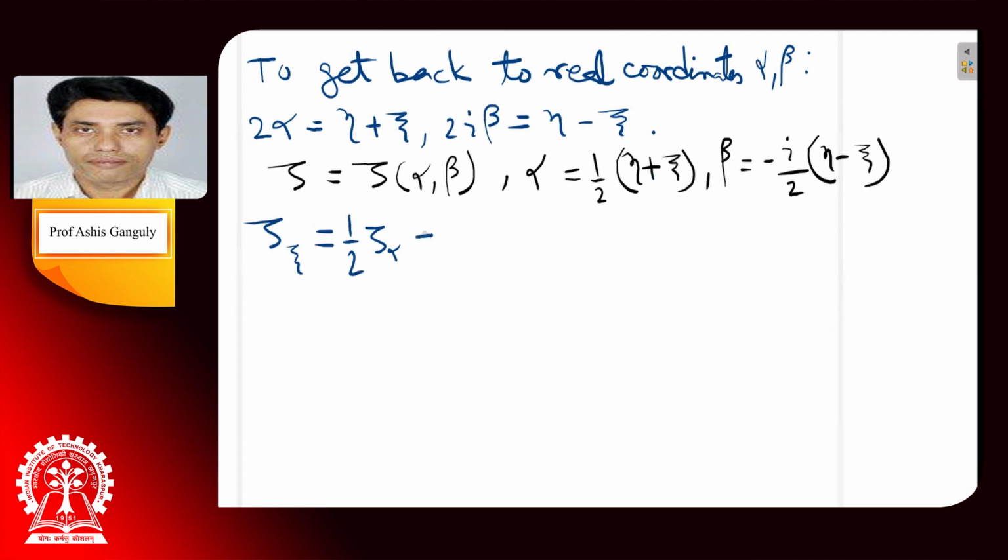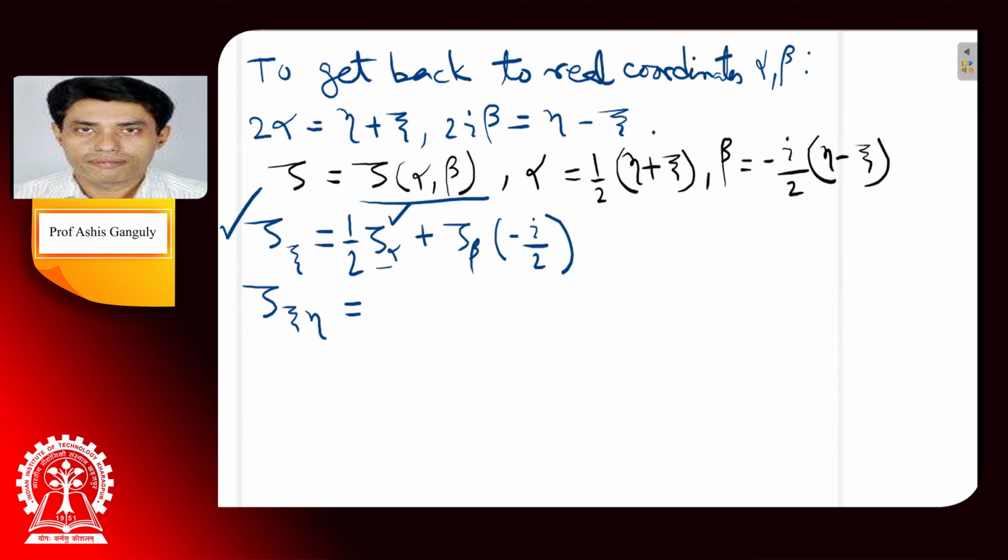Similarly, when you differentiate zeta with respect to beta partially, then del beta del eta will be minus I by 2. So again, when you will differentiate these expressions with respect to eta, and remember zeta xi eta and zeta eta xi are same. So again, zeta alpha will be function of alpha beta like this.